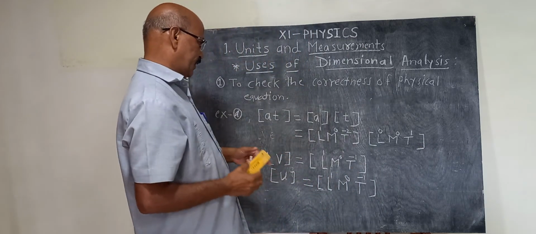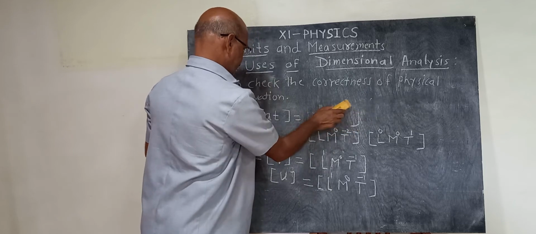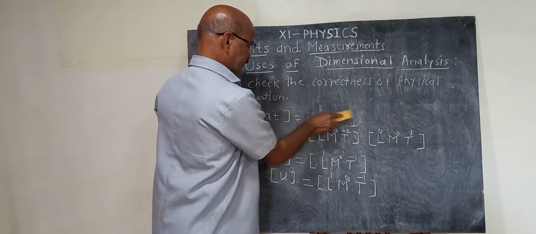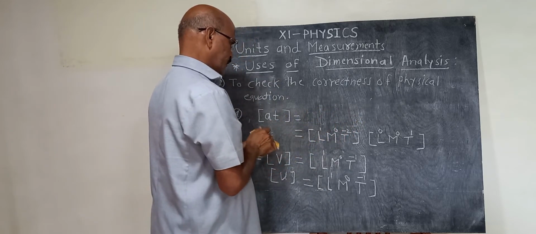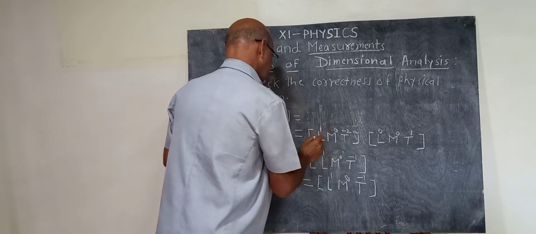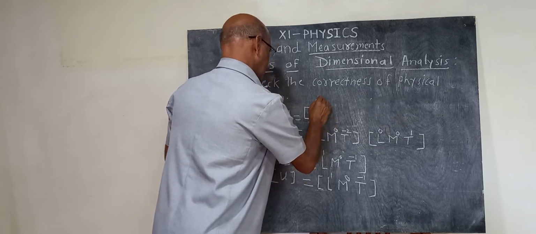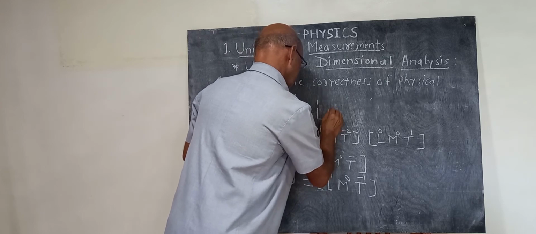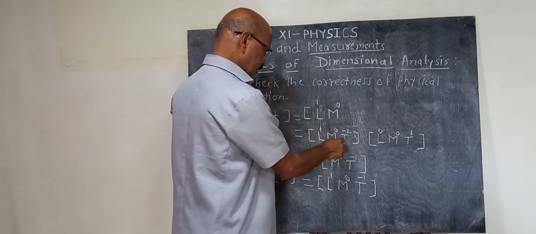When we simplify it, we get the dimensions of the term AT as 1 in length, 0 in mass.